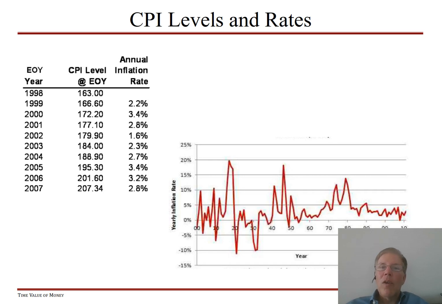That means overall prices in the economy were increasing by 2.2%. From the beginning of 2003 to the end of 2003, the price of the basket of goods goes from 180 to 184, an increase of about 2.3%.